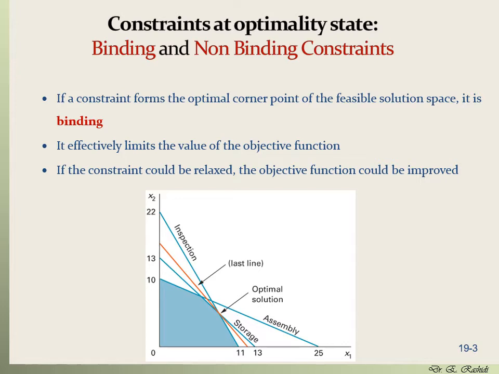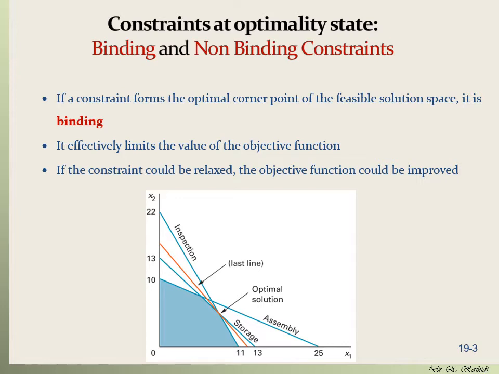In the optimality state, we have two states for the constraints: binding constraints and non-binding constraints. Binding constraints are those constraints that constitute or create the corner point, the extreme point, in which the optimal solution occurs.